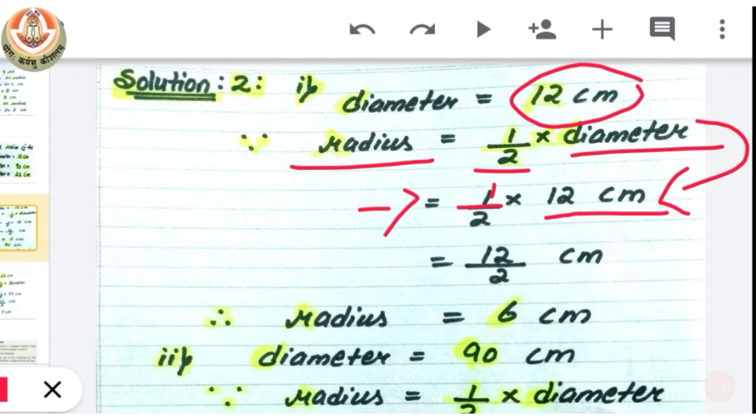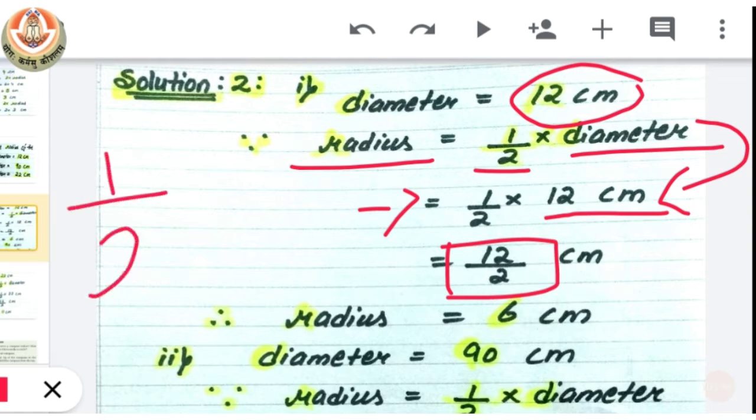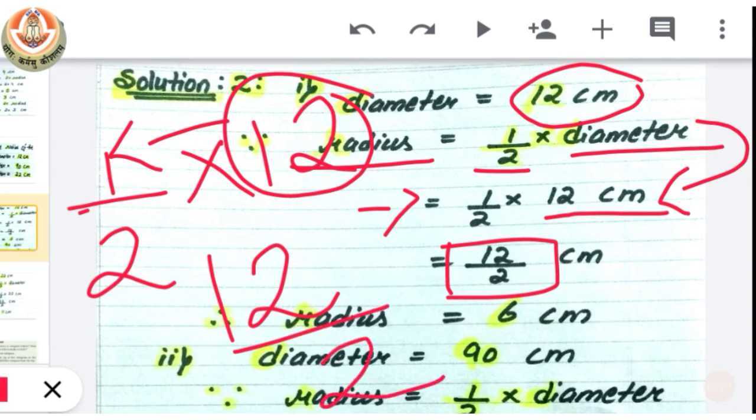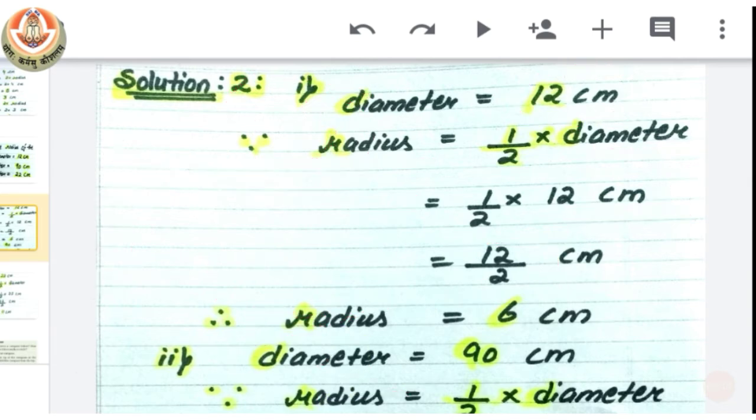1 upon 2 multiplying with 12 means we have to divide 12 by 2. As 1 upon 2 multiplies with 12, this 12 will multiply with 1 and it will become 12 upon 2. I hope this is clear to you all.